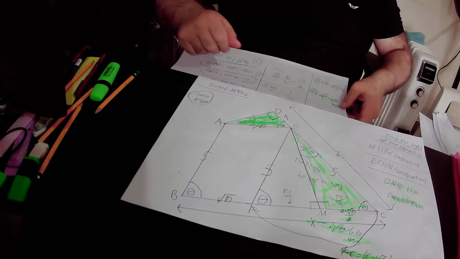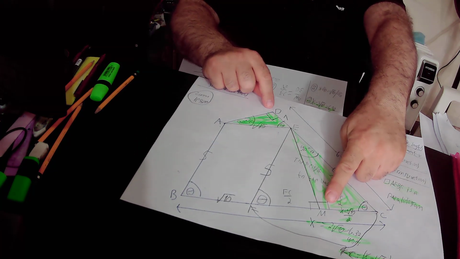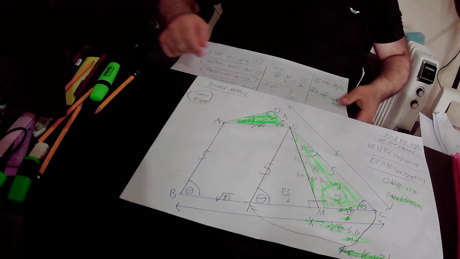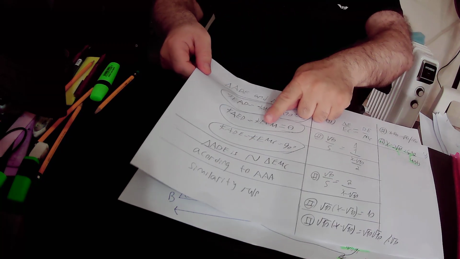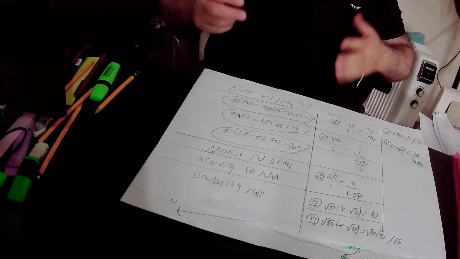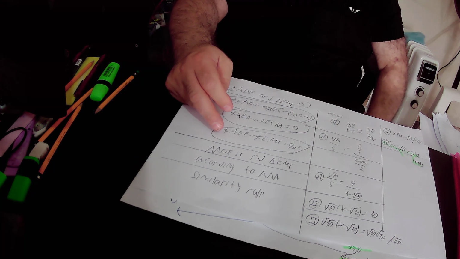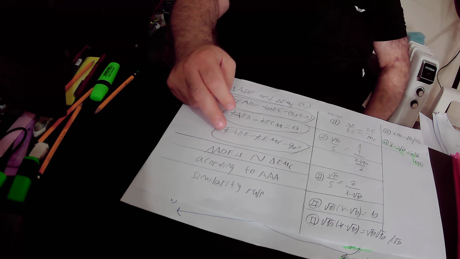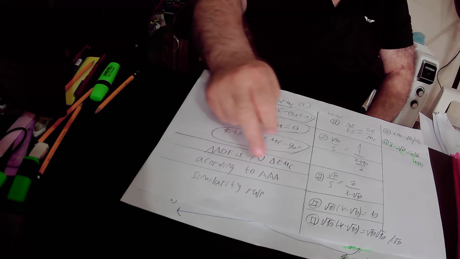And finally, those two angles are both equal to 90 degrees, angle ADE equals angle EMC equals 90 degrees. Therefore, we proved the small right triangle ADE is similar to the big right triangle EMC according to the angle similarity rule.